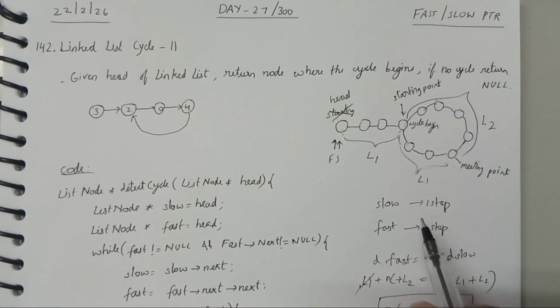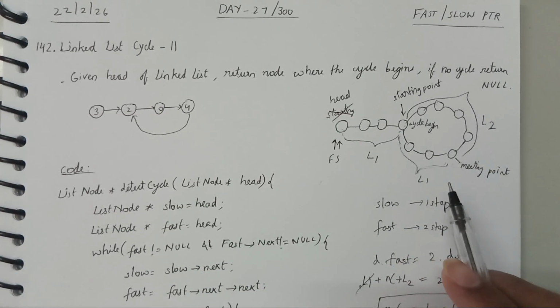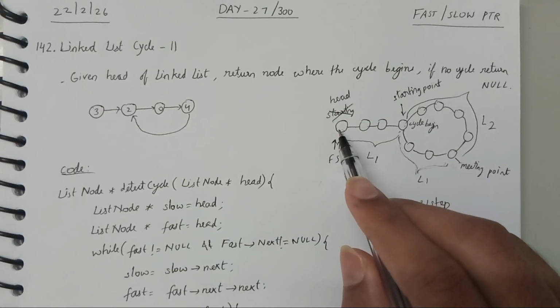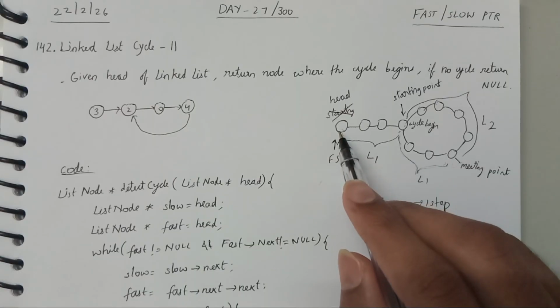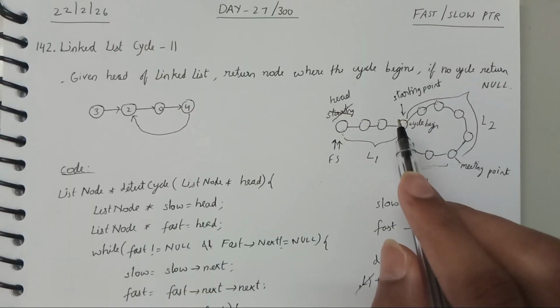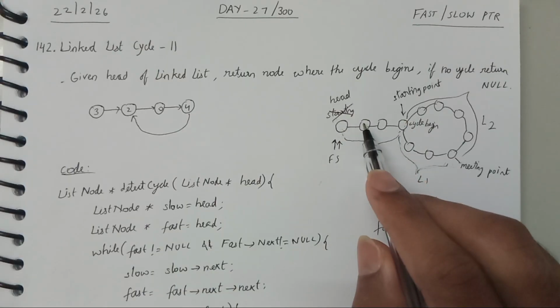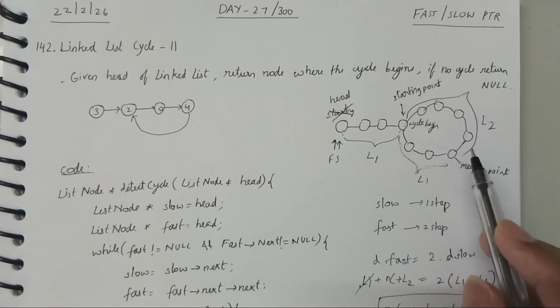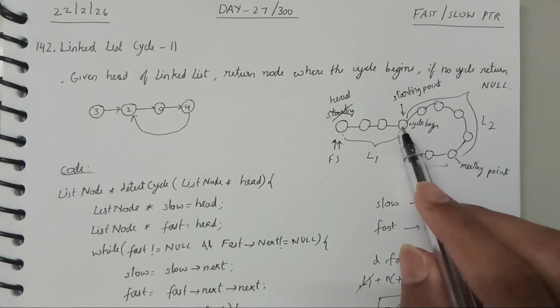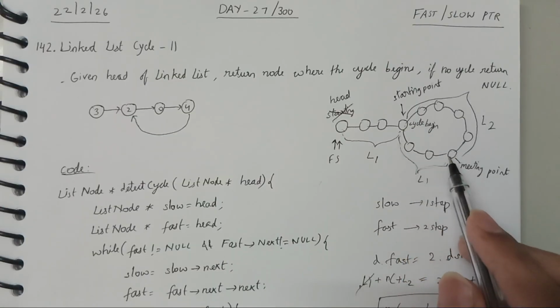Now what we do for solving this question is, first we begin with the two pointers at the head. Then we check the while condition, and we run the slow pointer one step and the fast pointer two steps. So after some time, they both meet at this point. Now, if fast equals slow, that means they both are equidistant from the starting point of the cycle.